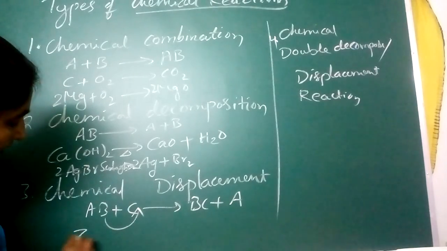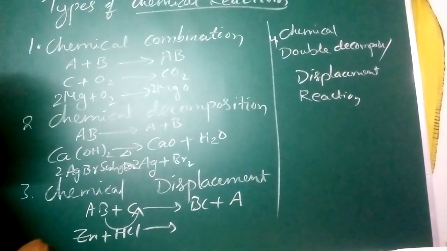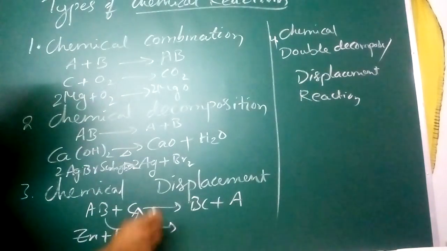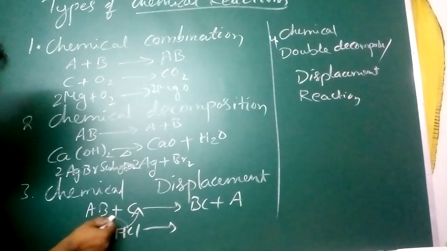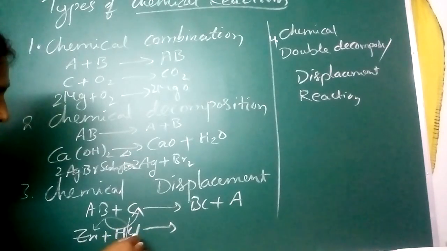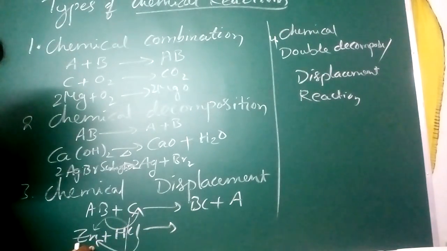A good example for this one, you already know. You take the metal zinc plus HCl. HCl is the acid. This is the action of metals with acids. What happens when we add hydrochloric acid to zinc? These two will be decomposed and chlorine will be displaced from beside the hydrogen to beside the zinc.